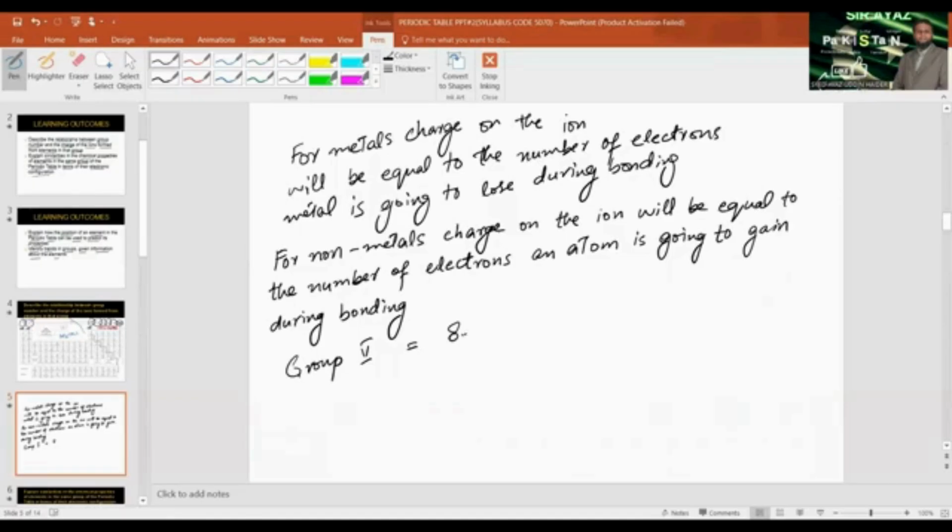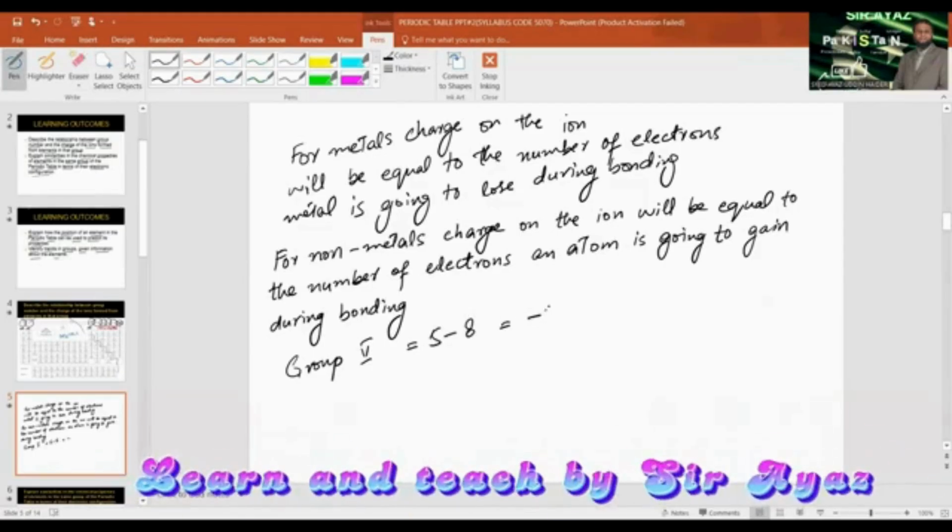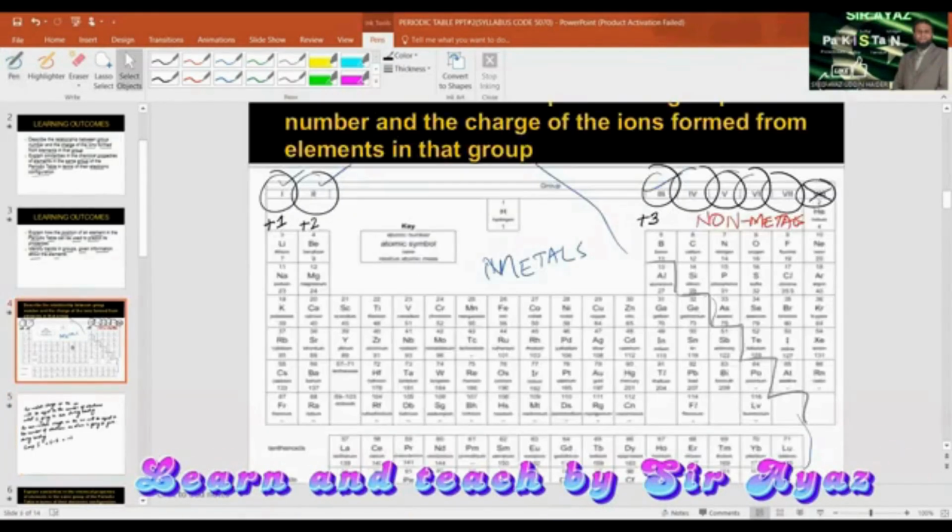So we will write 8 minus 5, and you will get, sorry, there's a correction here. You need to subtract 8 from the group number. 5 minus 8. The answer will be minus 3. So minus 3 will be the charge on group 5.